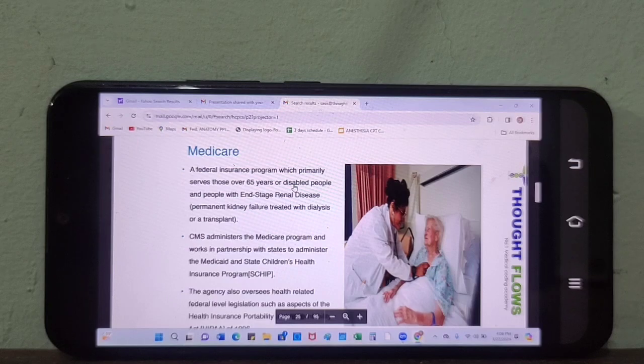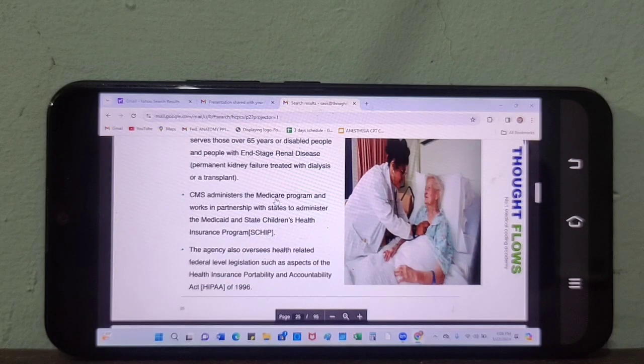Okay, here HIPAA, the last one. Health Insurance Portability and Accountability Act, that act is from 1996. What is the usage of this act? HIPAA means every patient's information must be kept very confidential.